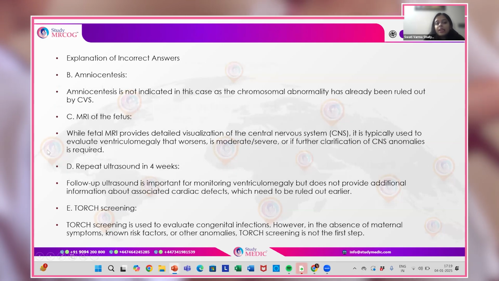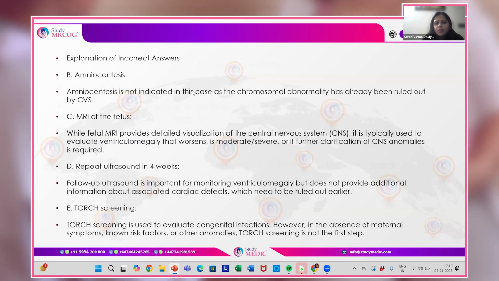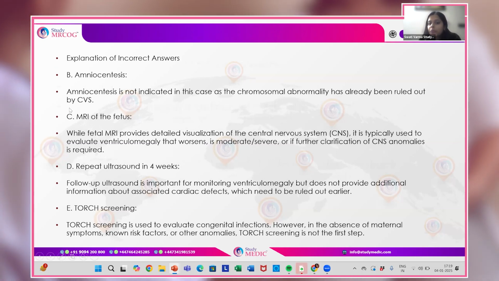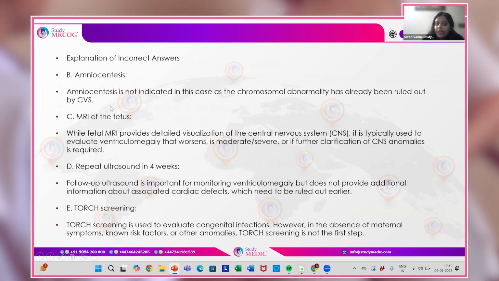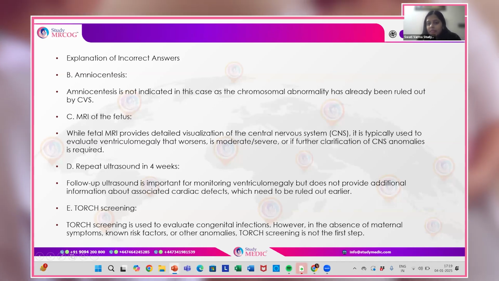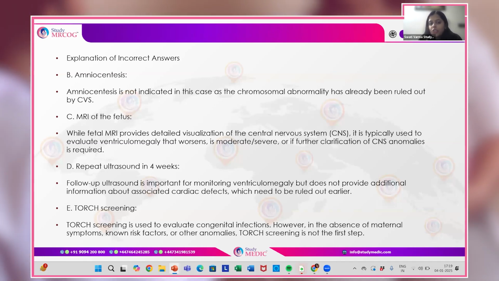Now let's analyze other options, why they aren't correct. Amniocentesis, not indicated because already CVS has been carried out to look at the chromosomal picture. So CVS is normal, so amniocentesis will also be normal. Then MRI of the fetus might come to our mind. Why not confirm whether ventriculomegaly is there through fetal MRI?